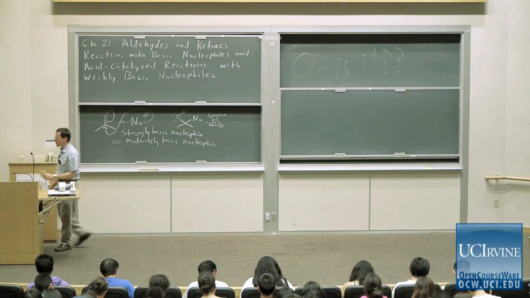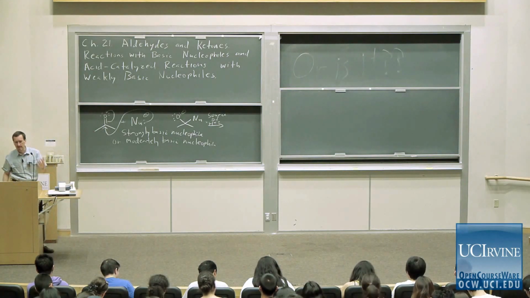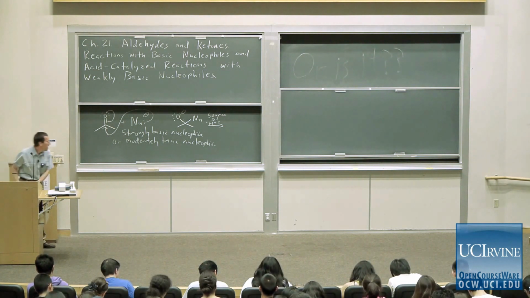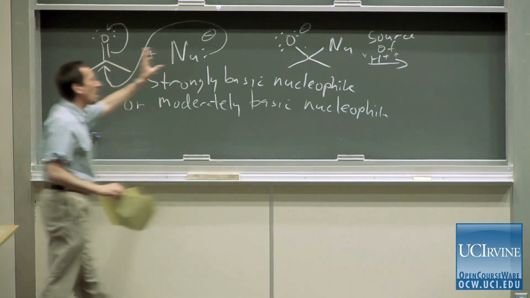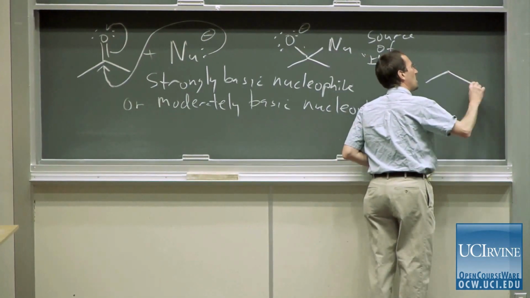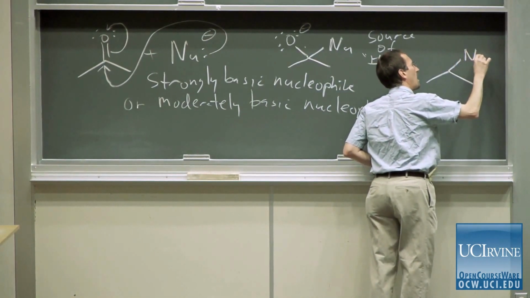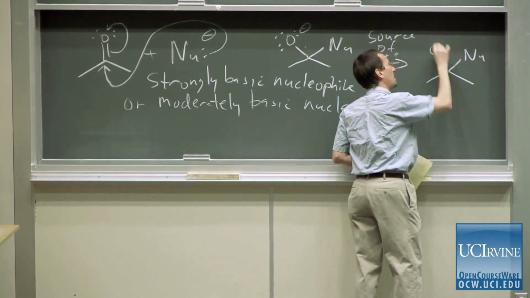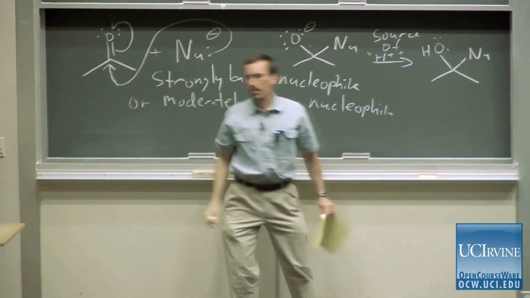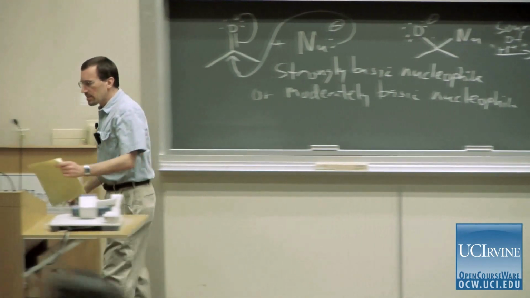It would be a hydronium ion or acetic acid, or we're going to see lots and lots of variations here. Anyway, some source of a proton, some source of H+, can protonate our alkoxide anion to give you an alcohol, like so. And so that's what you've seen already.